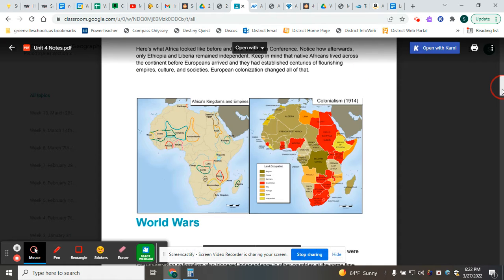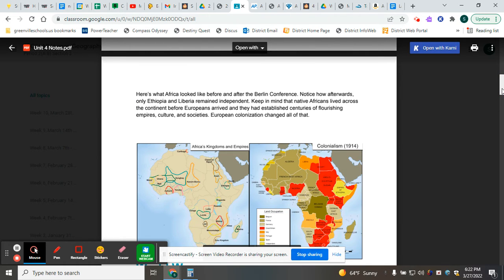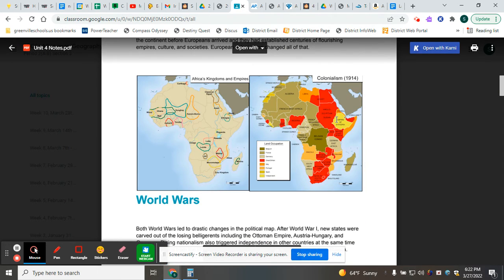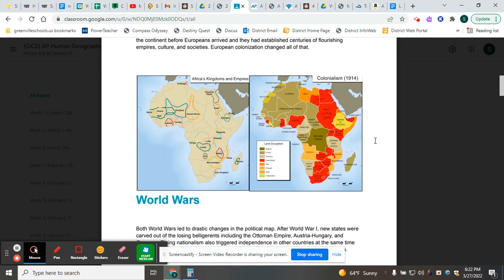Okay? So here's what Africa looked like before and after the Berlin Conference. Notice how afterwards only Ethiopia and Liberia remained independent. Keep in mind that native Africans lived across the continent before Europeans arrived. And again, they had established their own empires, their own societies, their own culture. And if you look to the right, in 1914, right as World War I is beginning, here you have what I would call a Europeanized map of Africa.